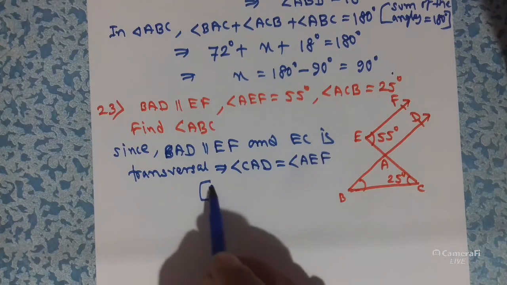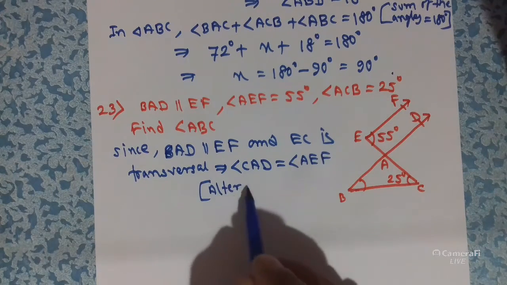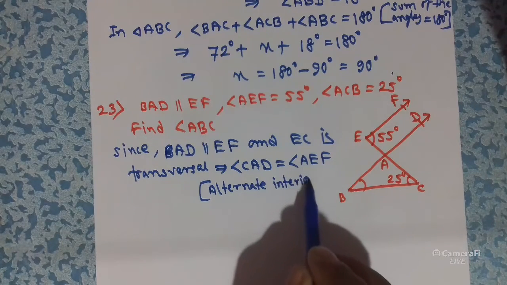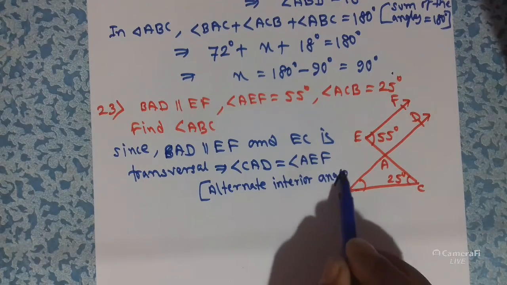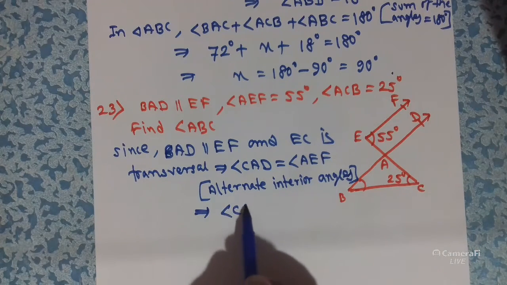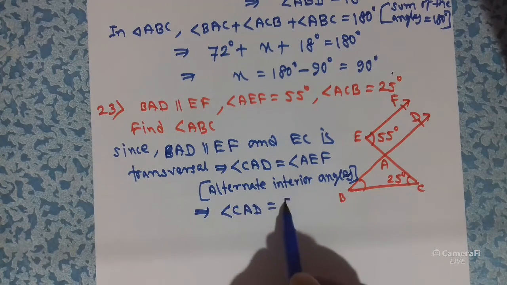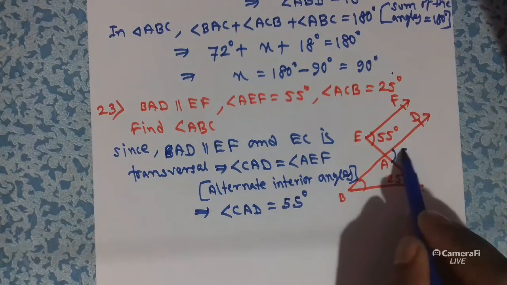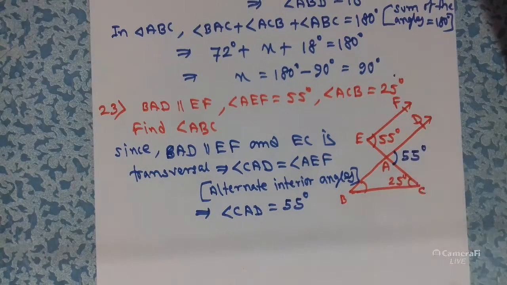Why? Because these two are alternate interior angles. So this implies angle CAD is equals to 55 degree. So this one is also 55 degree.